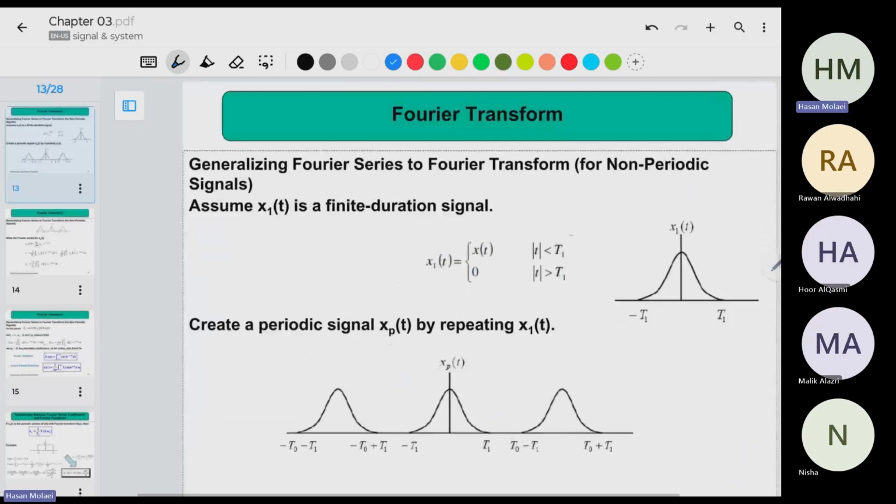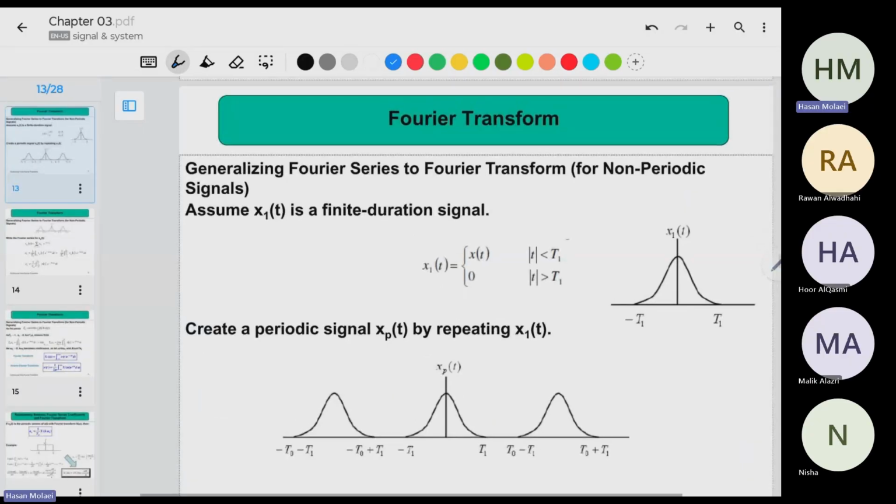What is the Fourier transform? Yeah, but what's different from the Fourier series? Let's see how we do that.